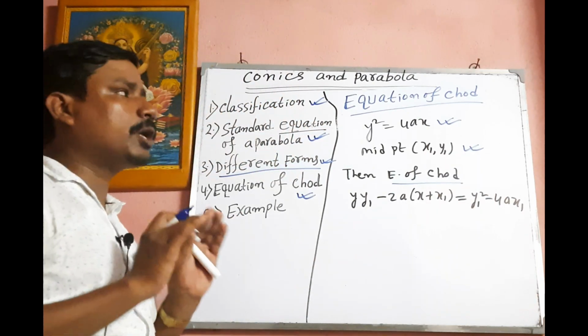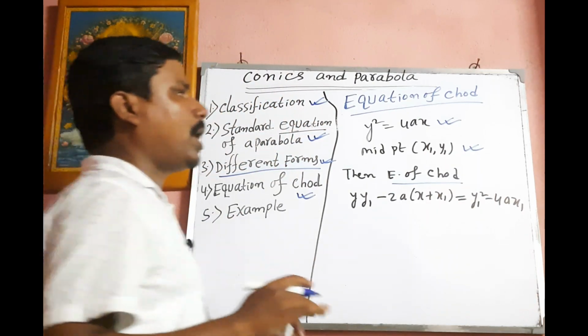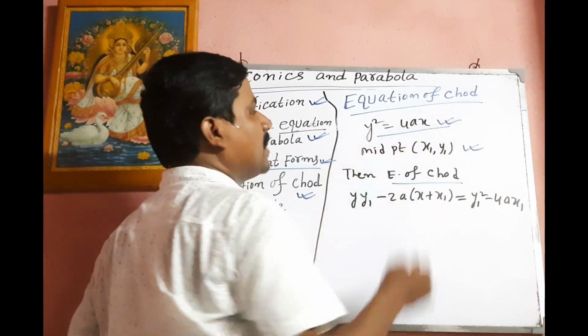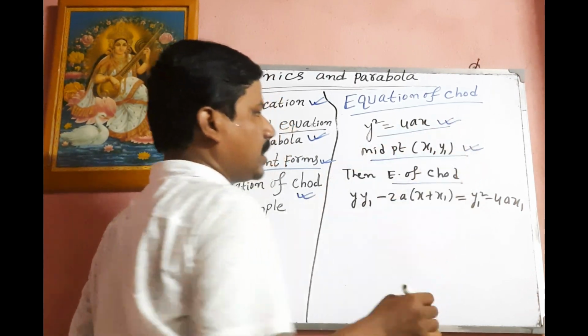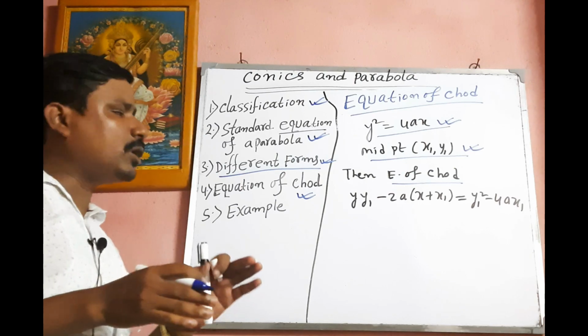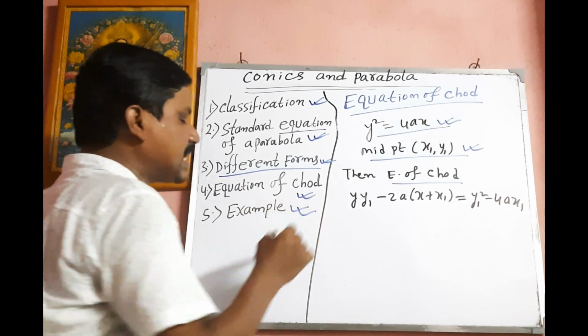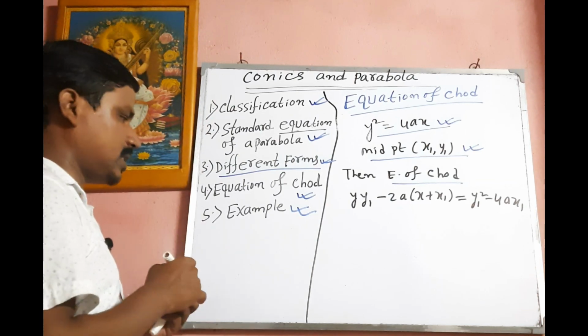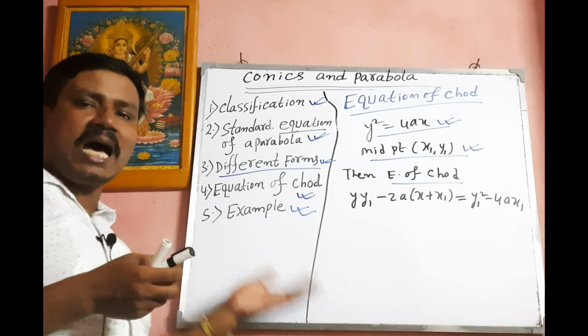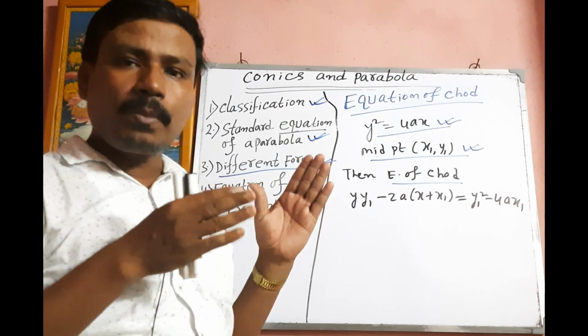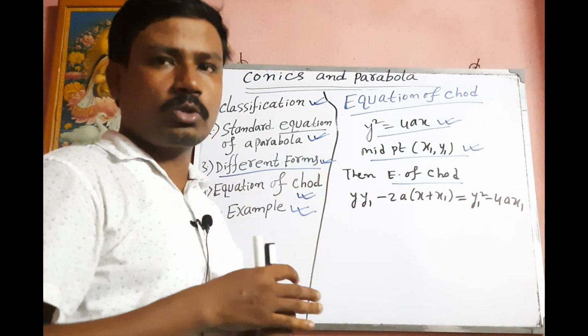This is the equation of the chord when the parabolic equation and the midpoint are given. So this completes the fourth section, and we move to the last section, the example section.